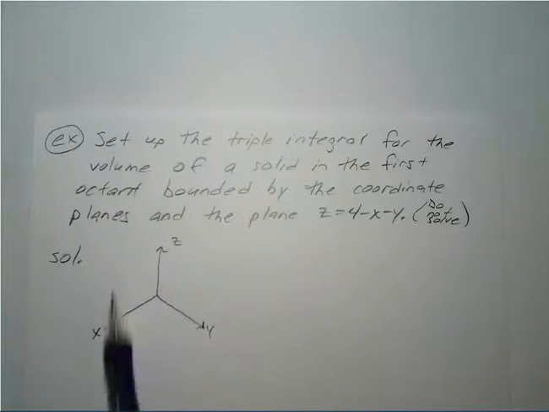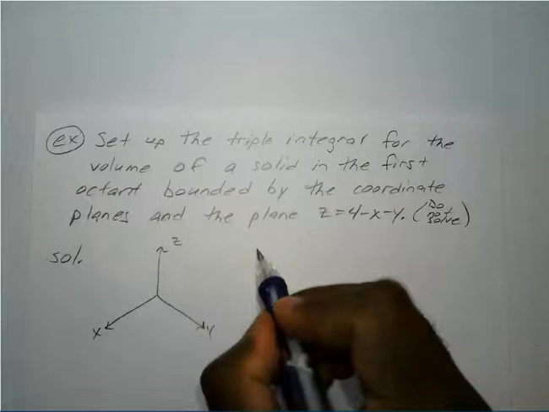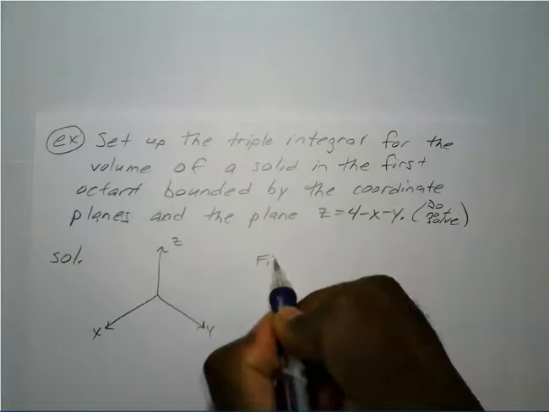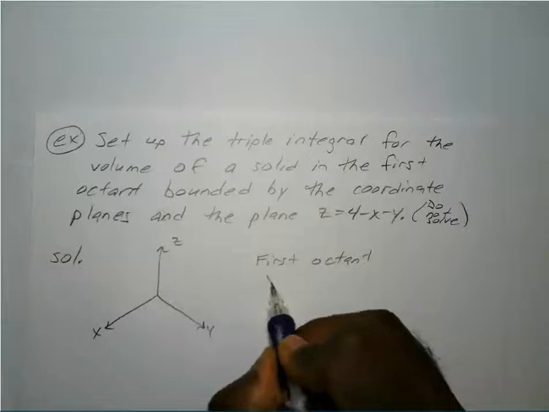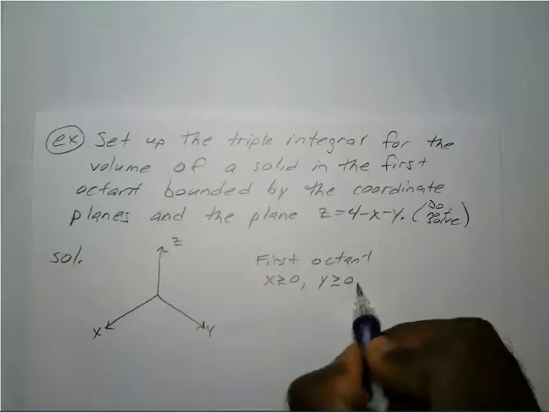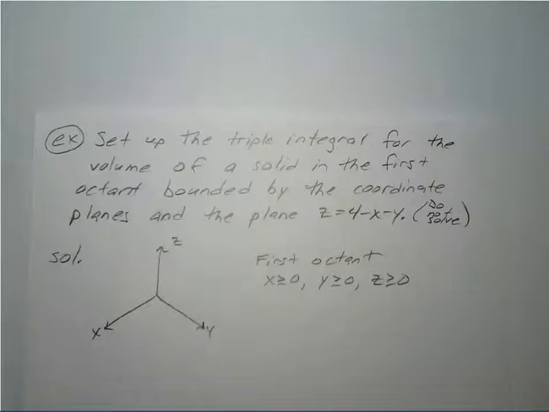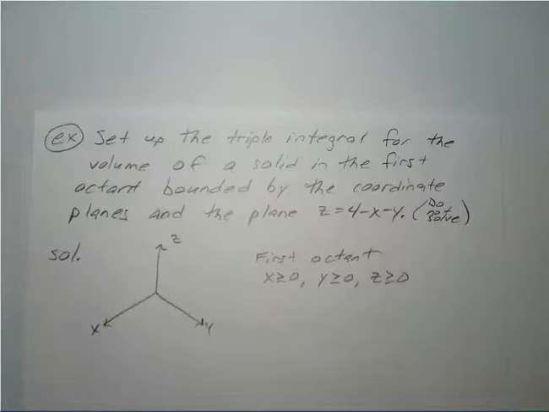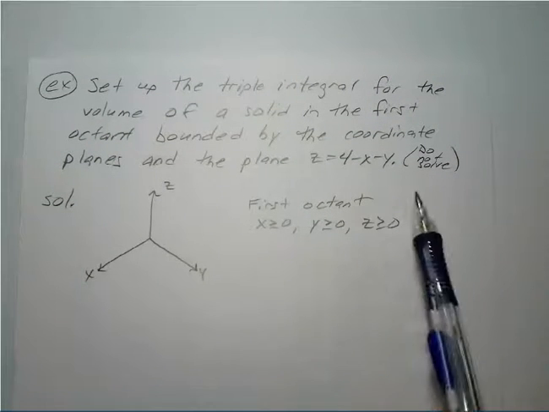Now this, where x, y, and z are all positive, that's your first octant. That's where x is greater than or equal to 0, y is greater than or equal to 0, and z is greater than or equal to 0. So now we have to find the boundaries for our x, y, and z.